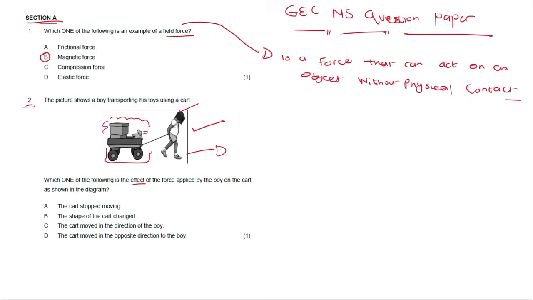Only the wheels are rolling, but the shape remains the same. Option C says the cart moved in the direction of the boy. This makes sense, right? If the boy is moving in the eastern direction, the cart will also be moving in the eastern direction. So our answer will be C.